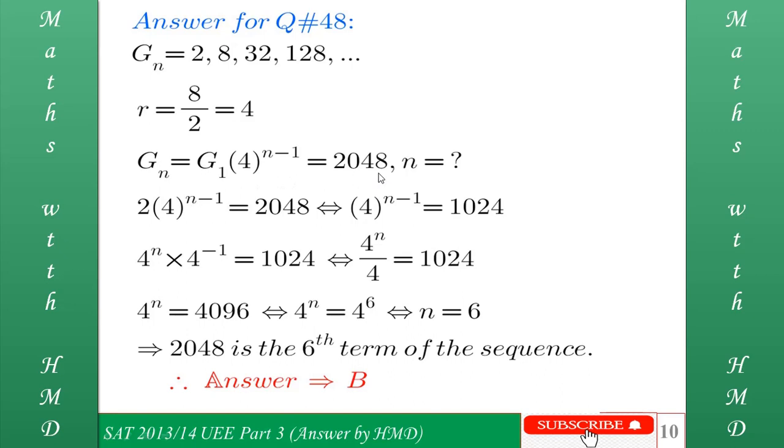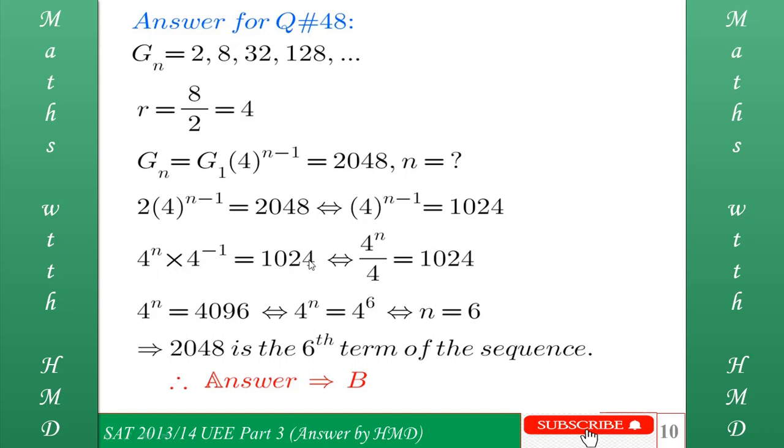Here g of n is 2048 implies G1 is 2 times r is 4, to the power of n minus 1 is equal to 2048. Divide both sides by 2 and this implies 4 to the power of n minus 1 becomes 1024.